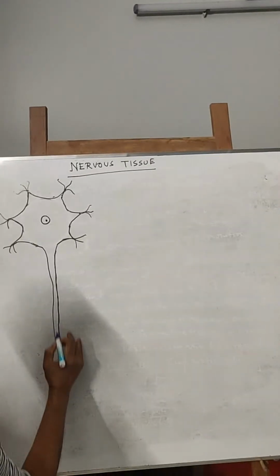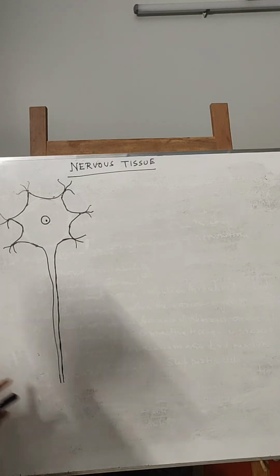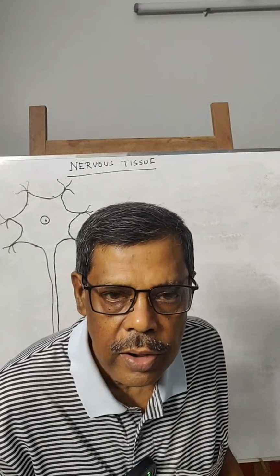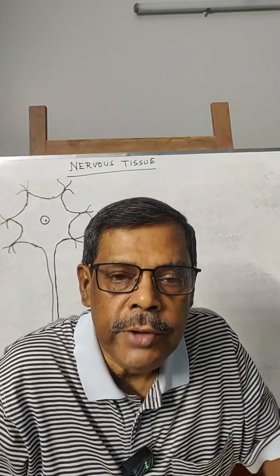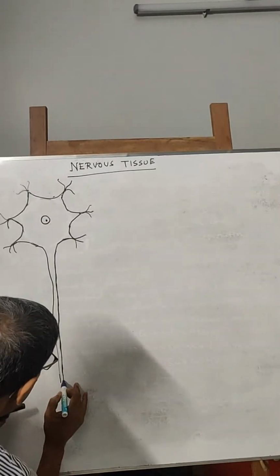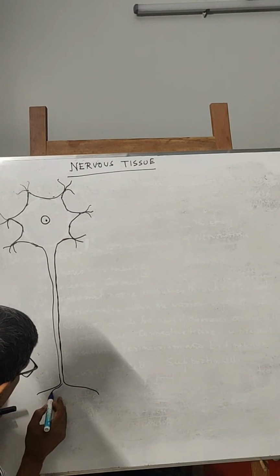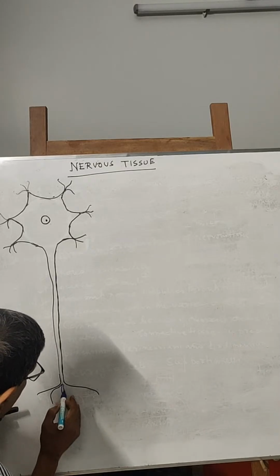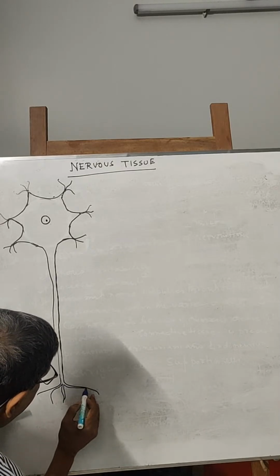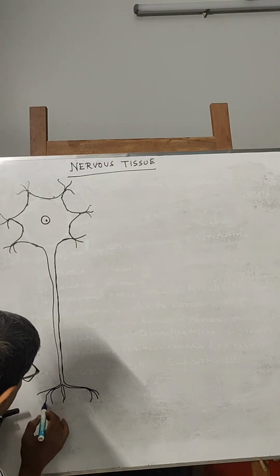This is the longest process, which is called axon. The terminal part of the axon is called telodendron, which is divided into many branches.